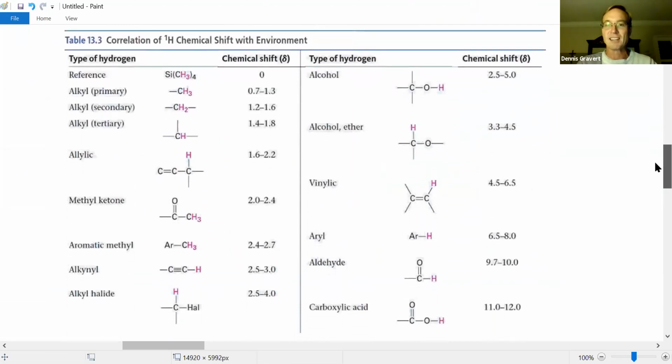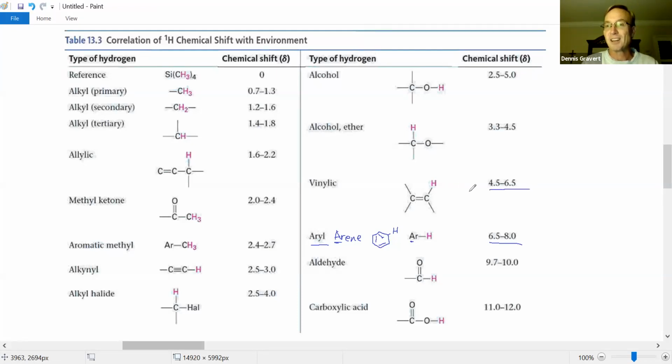This is the one you'll get on exams. So here we go. Aryl groups, arene, that's what the AR means. Most of the time we're talking about benzene. Those hydrogens are 6.5 to 8. If you have a vinyl, common name, hydrogens on an alkene, they're 4.5 to 6.